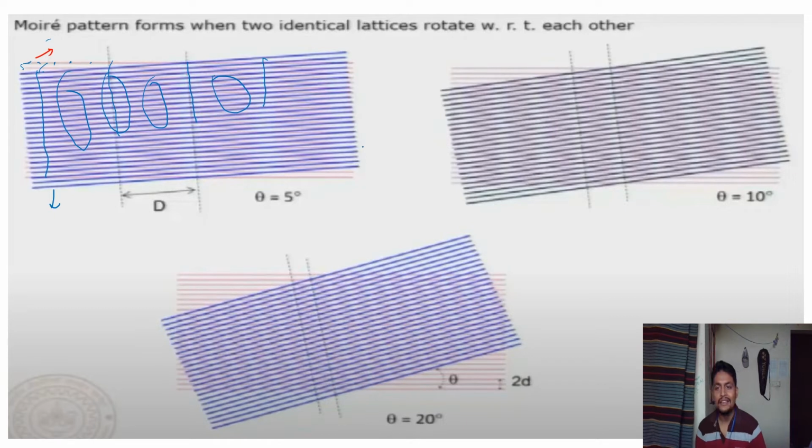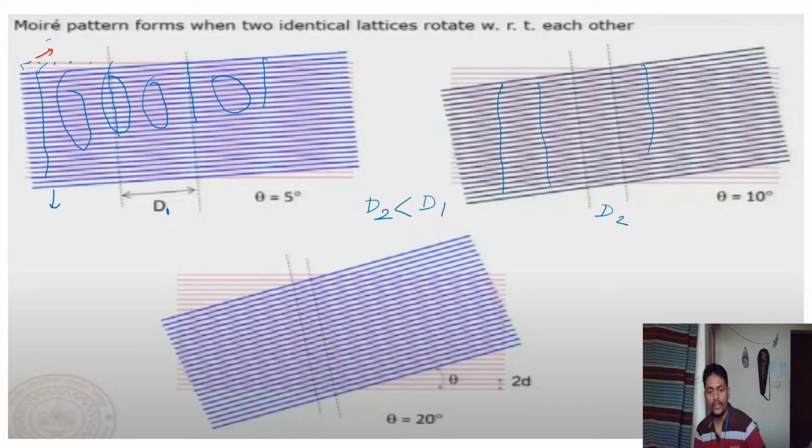Now whenever we increase the angle, the pattern forms again, but now you see the repeatability of the pattern, or the lattice parameter of that pattern. This is the lighter fringe, this is the darker, this is the lighter. So if I say this is D1 and this is D2, obviously you can see that D2 is much smaller than D1.